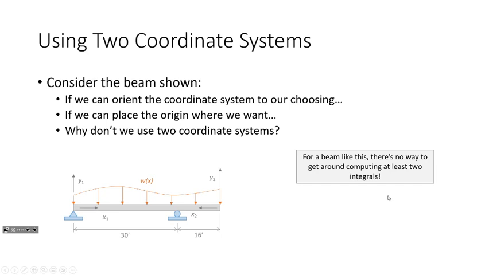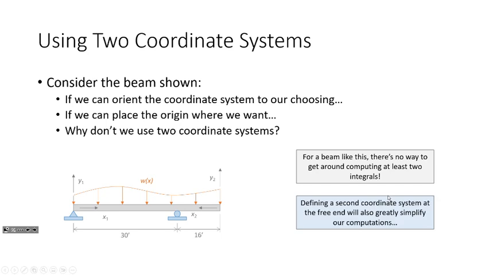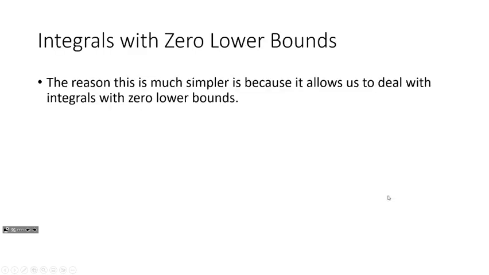Why is that helping? You're just making things more complicated, Dr. Mike. Not really. Trust me. It will greatly simplify a lot of the computations we're about to do. I'm going to try and explain that with a couple of relative examples, but the main point is that it allows us to deal with integrals with 0 lower bounds.